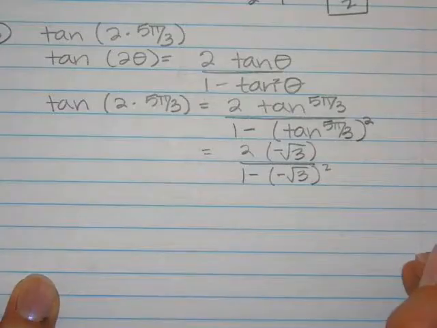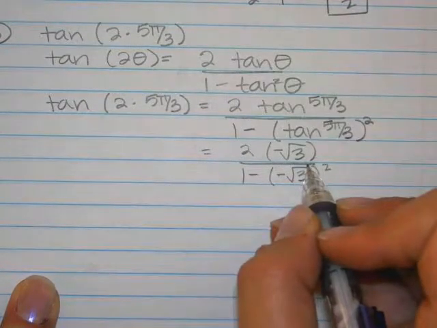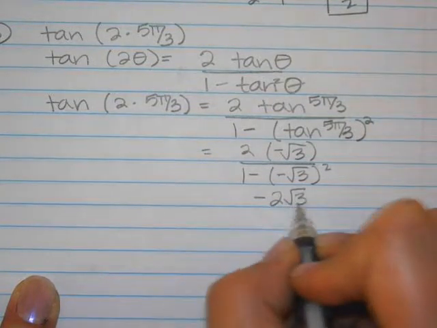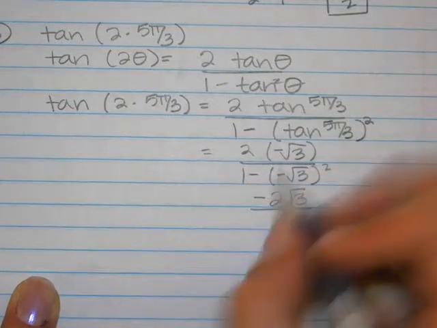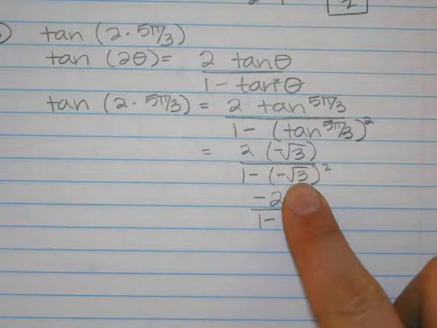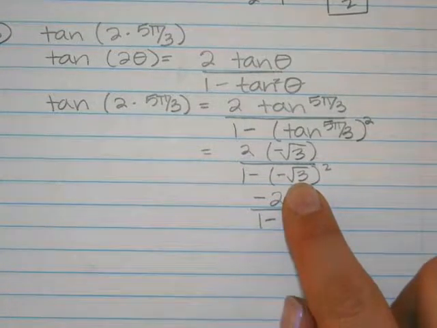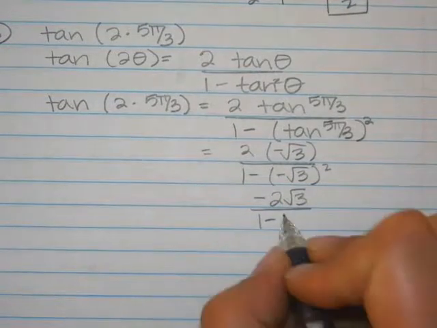So on the top, we have 2 times negative square root of 3. Negative 2 square root of 3 divided by 1 minus. So a negative squared would be a positive, we know that. What's the square root of 3 squared? It's just 3, right? Square root of 3 squared would be 3.